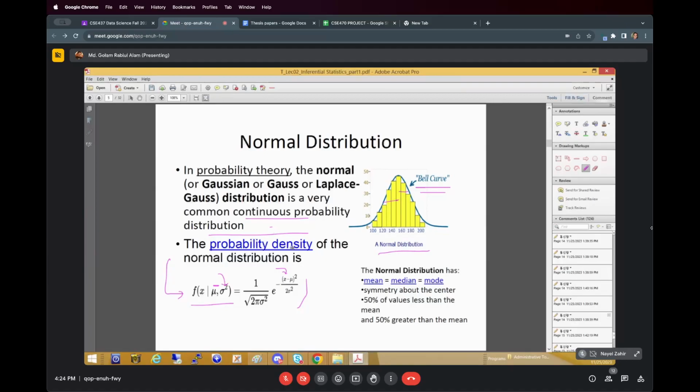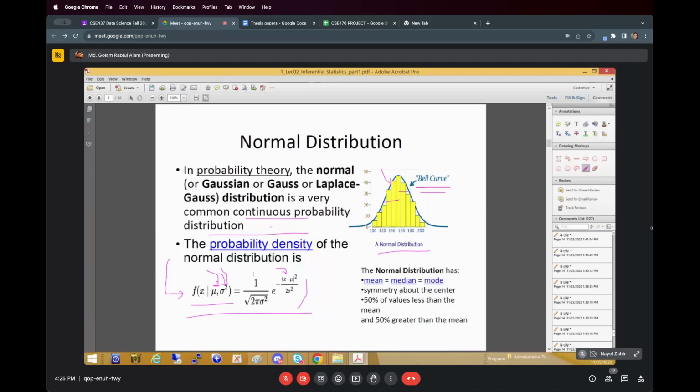So in the normal distribution, the density function, or you can say the probability density function, we call it PDF. It is a continuous probability distribution. And here, this is the equation we usually follow to find the probability of a data point like X. So here we can see f of X, if we provide the mean of our data and the variance of our data.